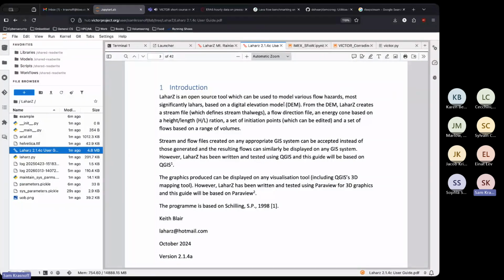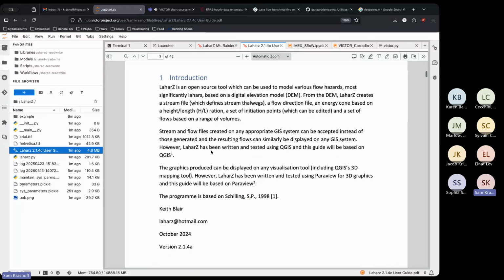In this case, we use a DEM, and Lahars creates a stream file, a flow direction file, and an energy cone based on the H/L ratio, from which it creates a set of initiation points and then the subsequent flows. Then we can take these outputs and put them into QGIS and get a very nice overall output.